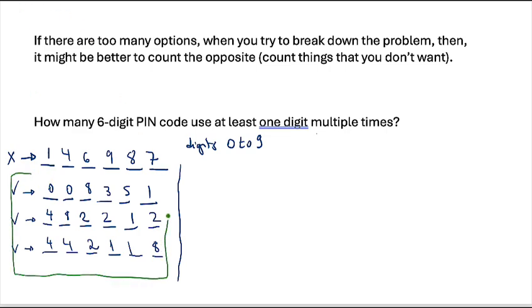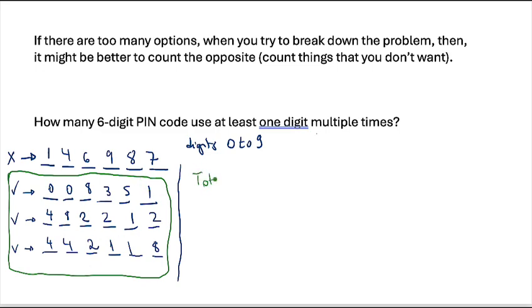Okay, I want all of these options here, but I don't want the ones that have single unique digits in each position. Okay, so if I can count, from the total amount, think about this.